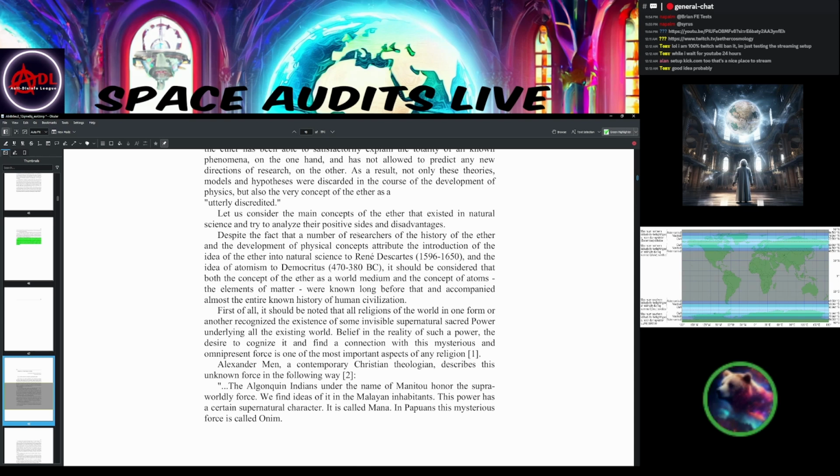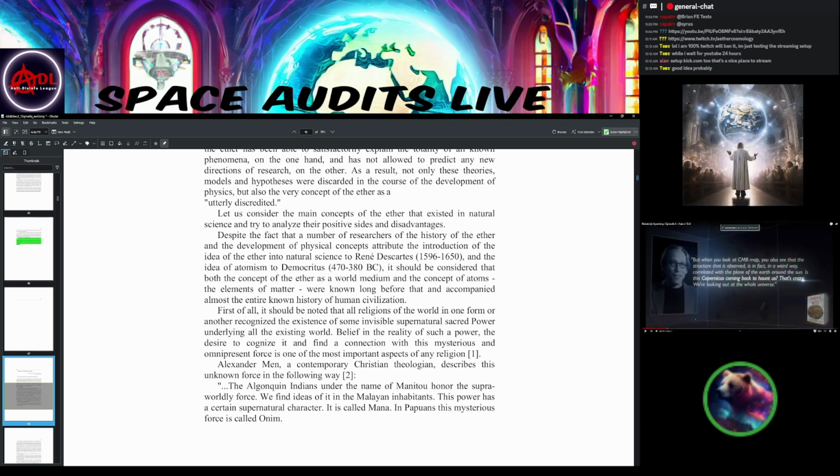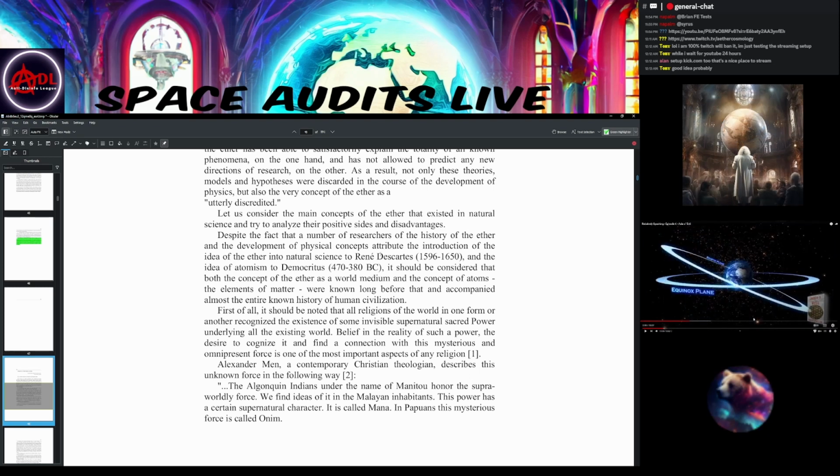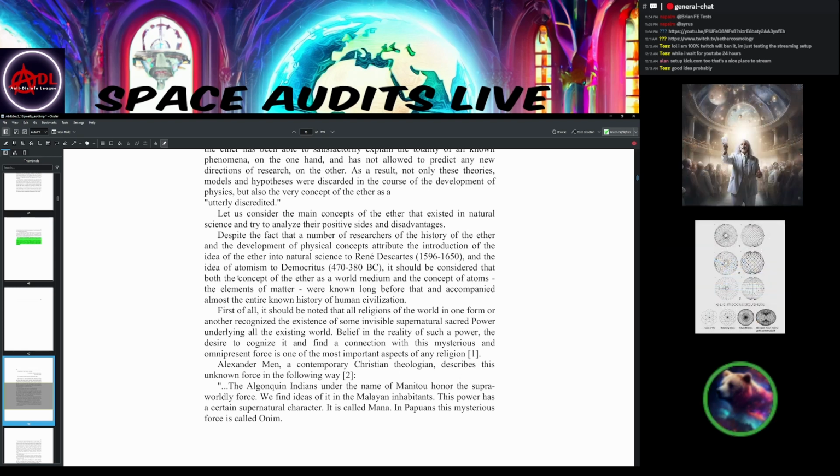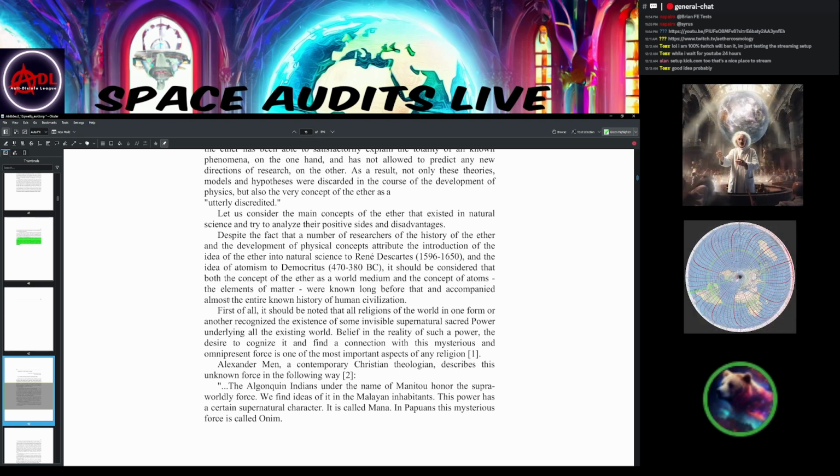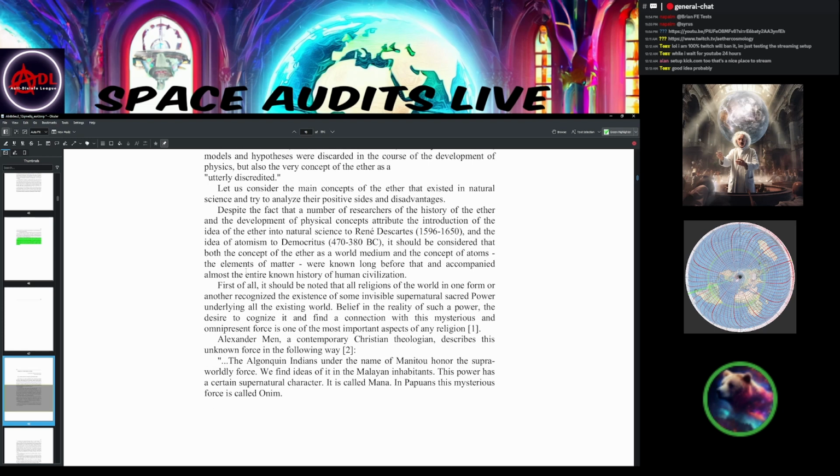Despite the fact that a number of researchers on the history of the ether and the development of physical concepts attribute the introduction of the idea of the ether to natural science to Rene Descartes and the idea of atomism to Democritus, it should be considered that both the concept of the ether as a world medium and the concepts of atoms and elements were known long before that and accompanied almost the entire history of human civilization.